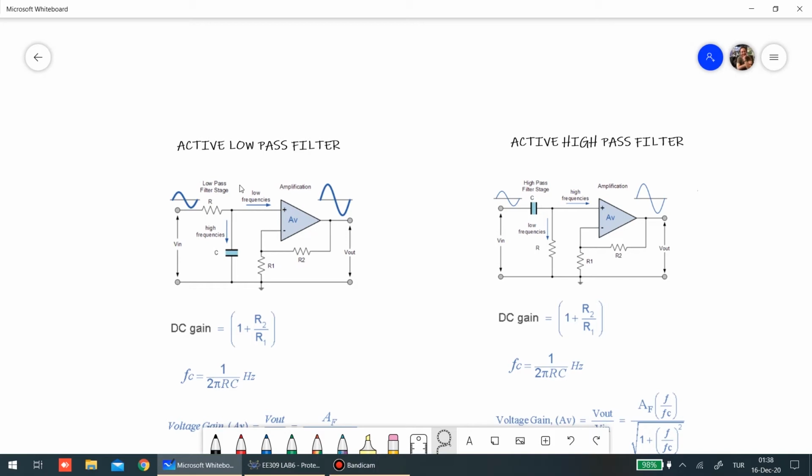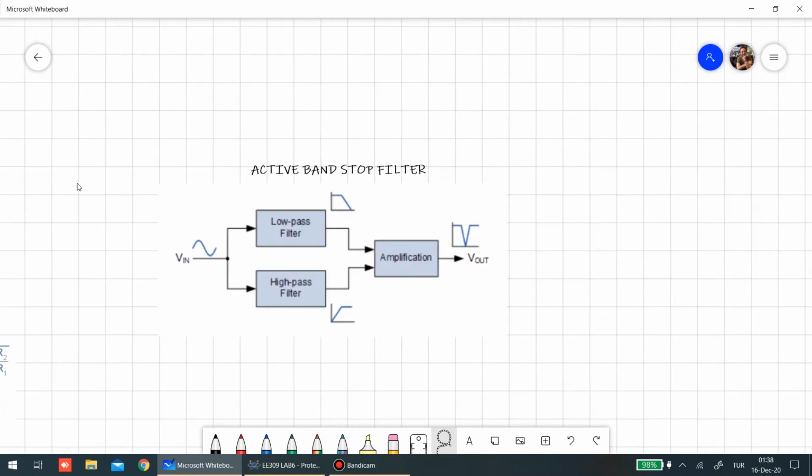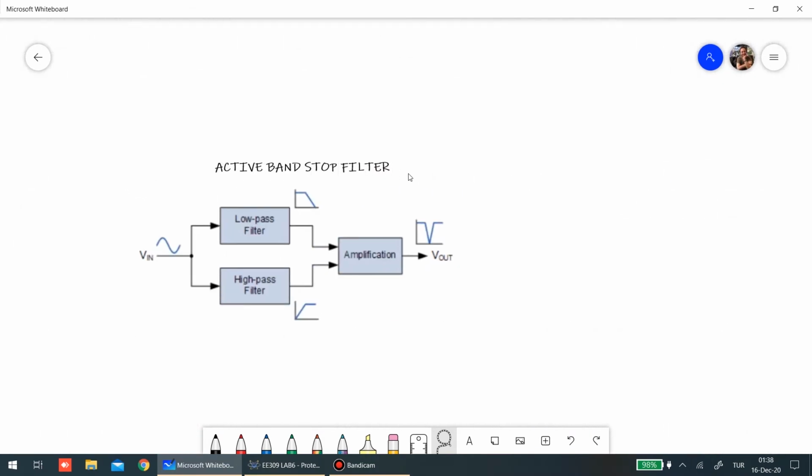For today's lab, we will see active filters, which are low pass, high pass, band pass, and band stop filter. Band stop filter is also known as band reject filter or notch filter.